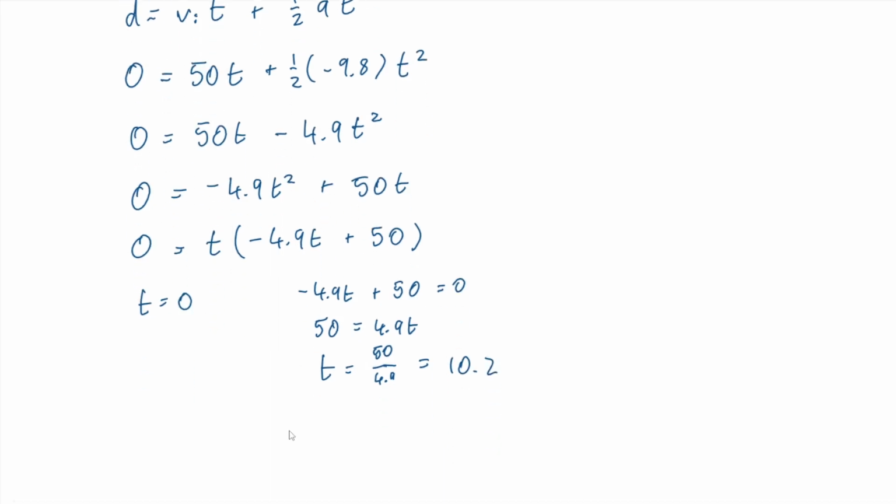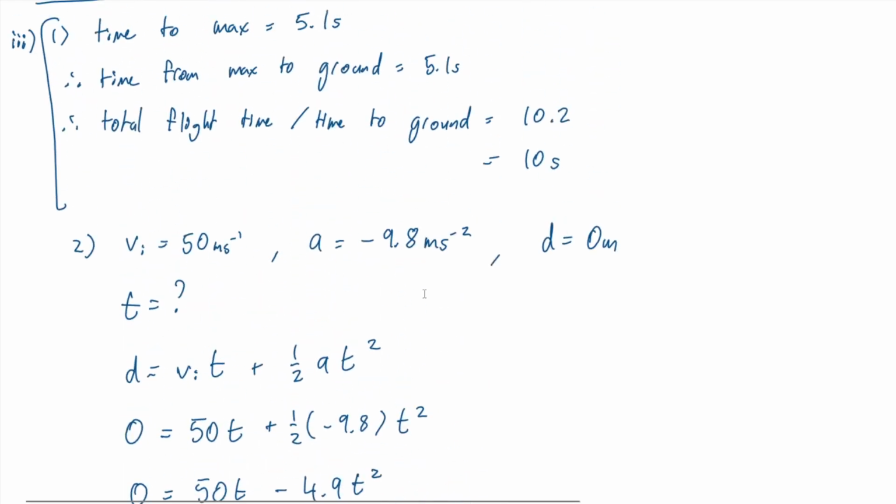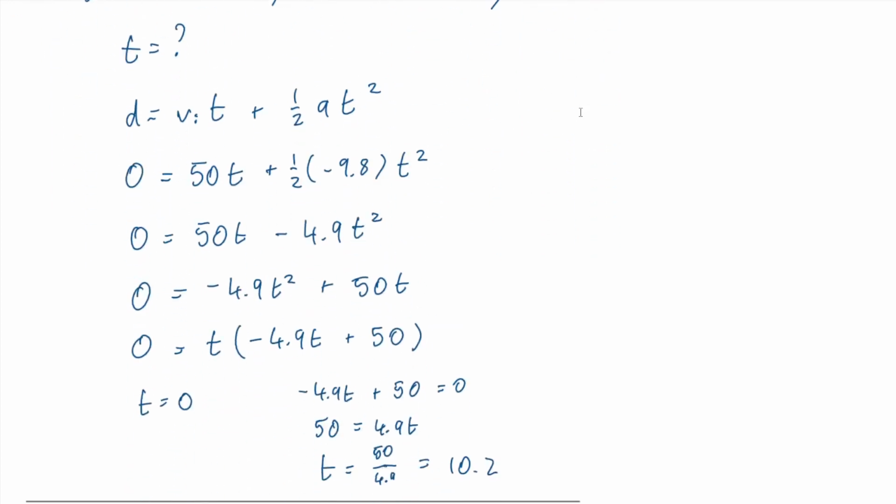Now let's have a think. Two answers. Time is 0. Well, that's when it's launched. Of course it's at the ground level when it's launched, so that makes sense. But it returns to the ground at 10.2 seconds, or rounded 10 seconds to 1 sig fig, which does line up with what we got the simple way.